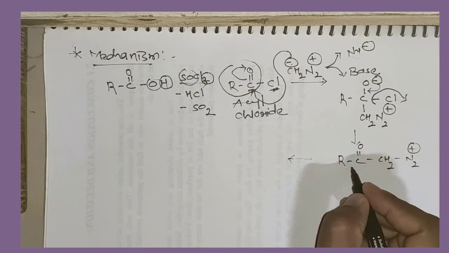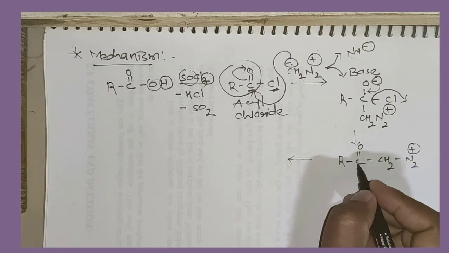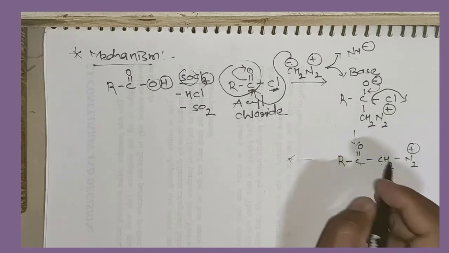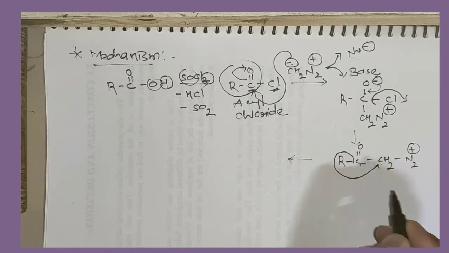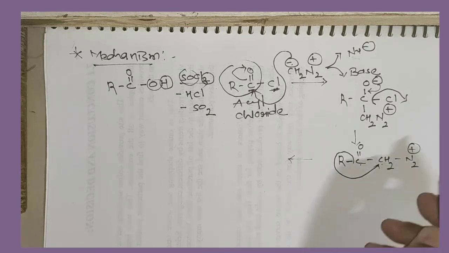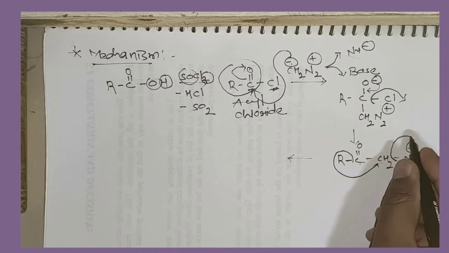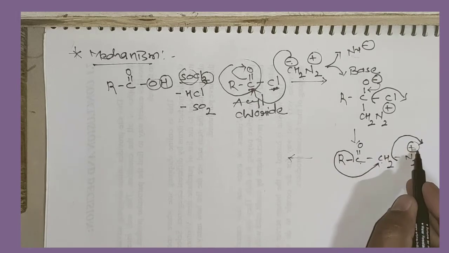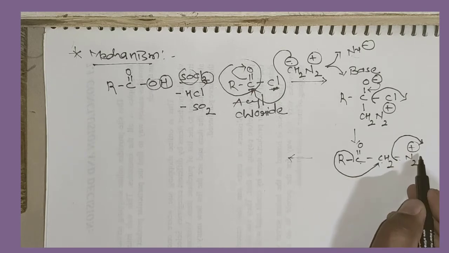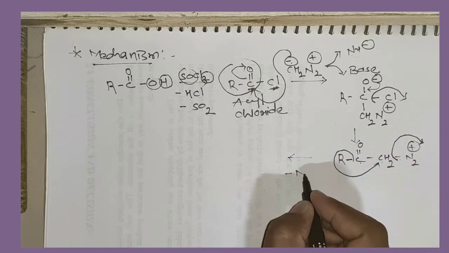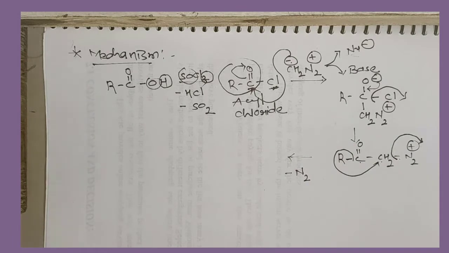Now as we know, if during the mechanism any stable molecule is released, then it always happens. Here R is transferred from the carbonyl carbon to this diazomethane-containing carbon. Why is it transferred from this carbon to this carbon? To remove the nitrogen as a stable molecule, because here nitrogen is positively charged. If this nitrogen attracts the bonding electron pair, then it is removed from the molecule as N2, a stable molecule.